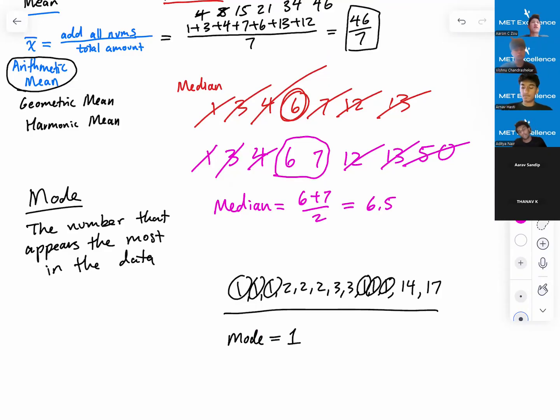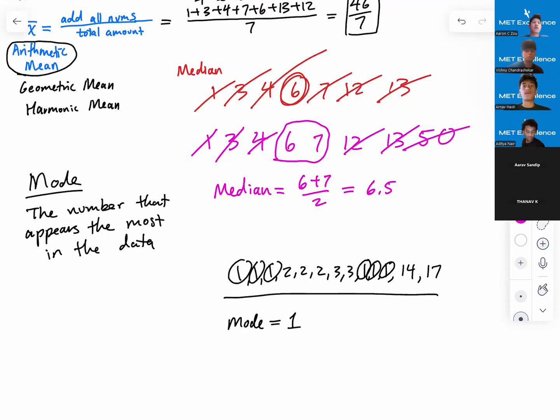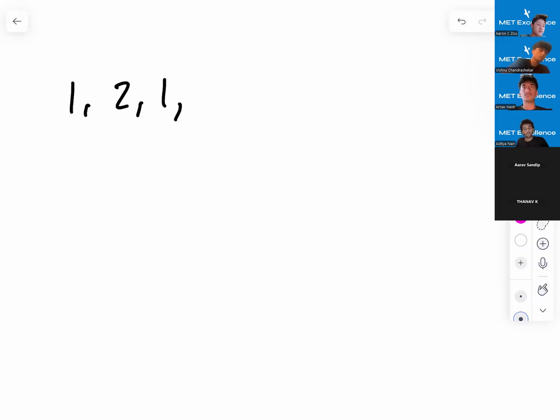Okay, so let me just give you a quick practice question for the mode, so you can put your answer in the chat. We'll do a practice question for mode and median here. So I'm gonna give you guys a list, and you can tell me the mode and the median. You can also feel free to calculate the mean too if you want. So let's go ahead and create a data set.